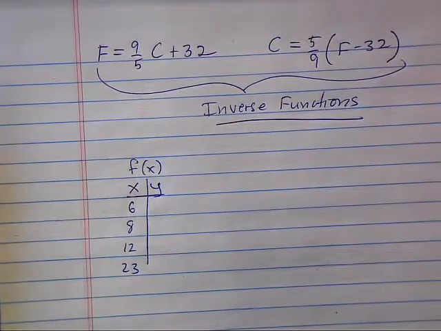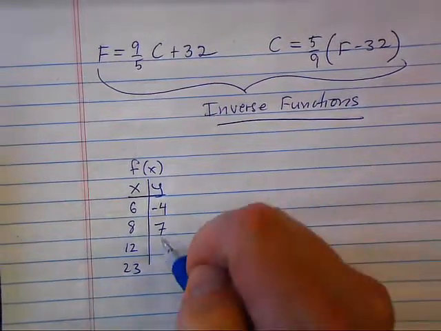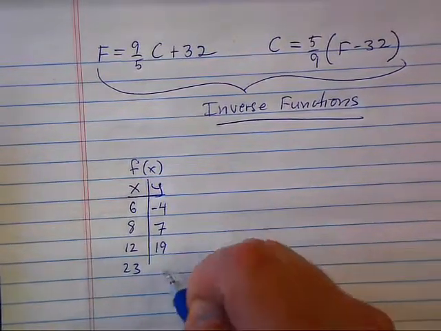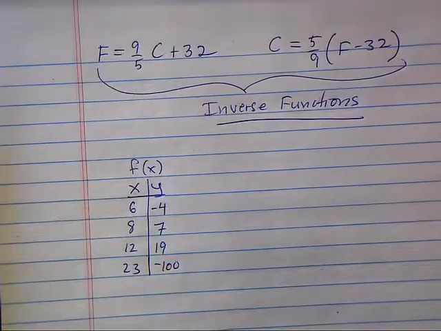And the y numbers are going to be -4, 7, 19, and -100. Is that a function? I said it is. Is it a function? Yes, that is a function. How come? No repeats on the x values.